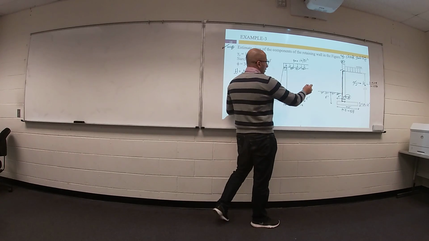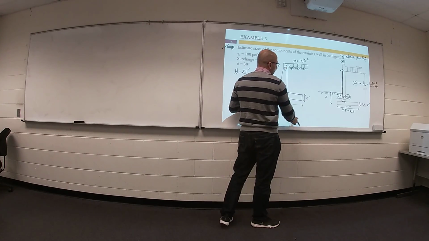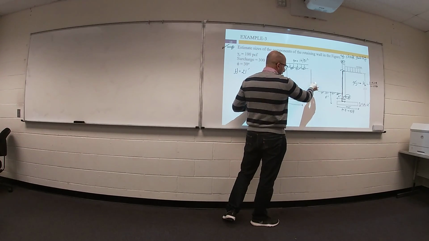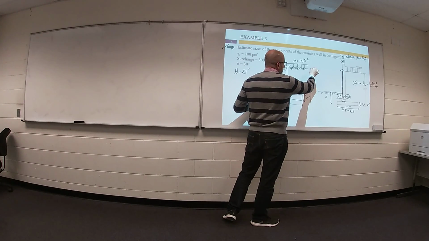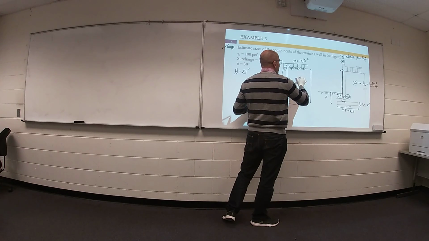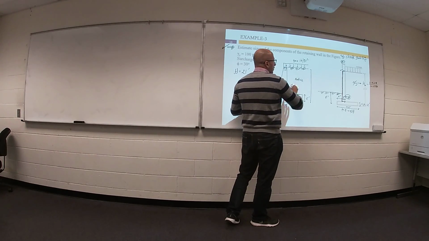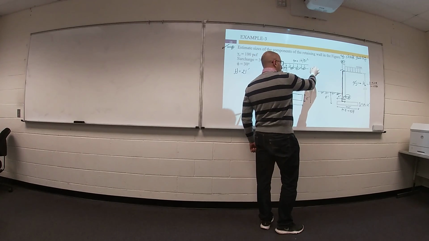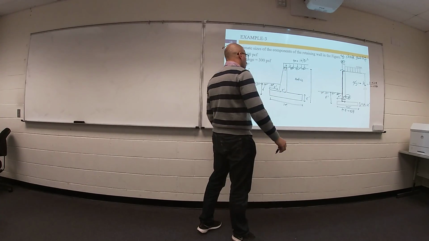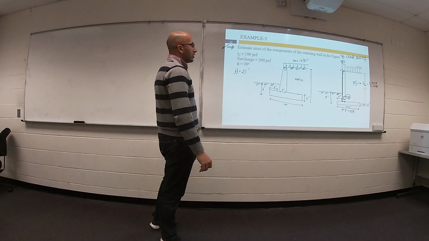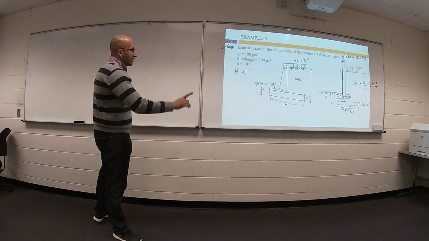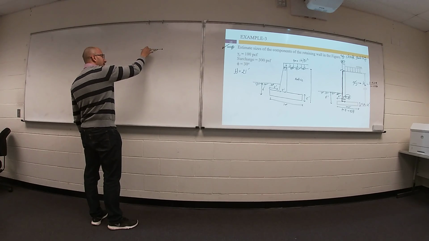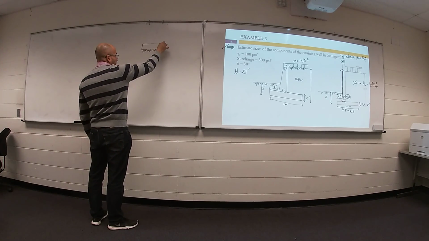Check stability. We don't have a water table, only one type of soil with gamma equal 100. So we have here active earth pressure. Anybody can tell me how much pressure here? No, not 0, not 300. At this point, which is at ground surface, we have surcharge.